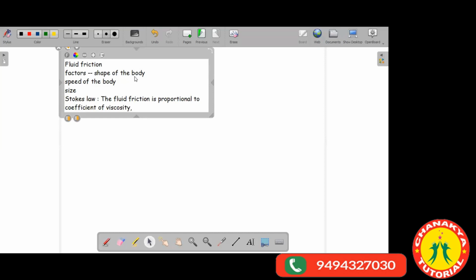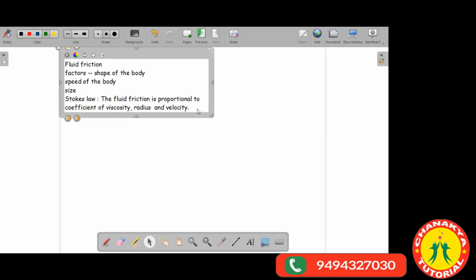It is also proportional to the radius, that is the size, and the velocity. So if a body starts moving faster, it will experience a greater amount of fluid friction.